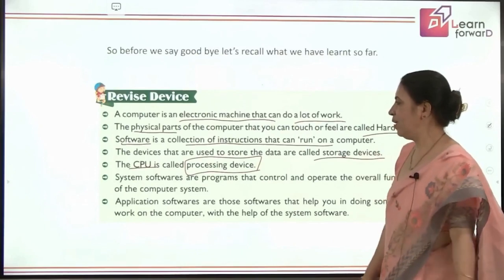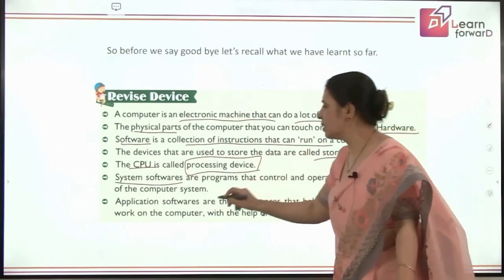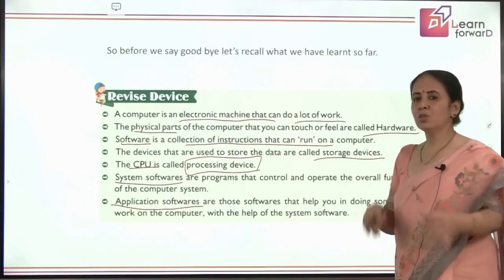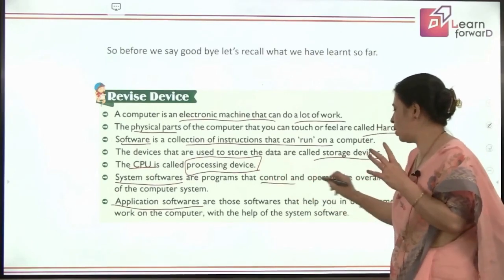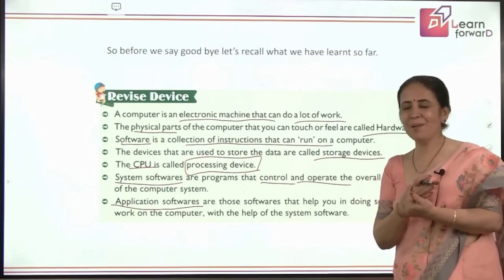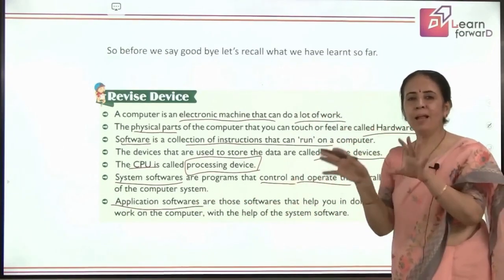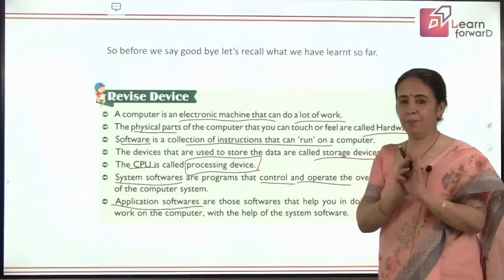And then we have the two types of software. One is the system software, another is the application software. So system softwares are basically used to control and operate the entire working of the computer system. And when you talk about application softwares, they help you to do a specific work inside the computer.